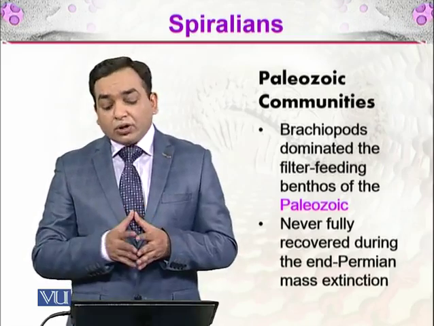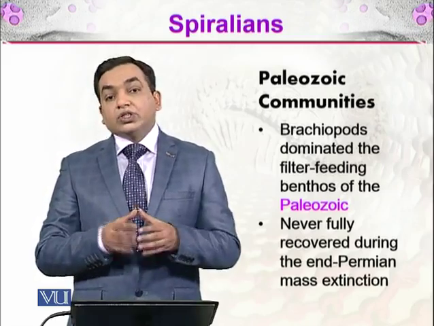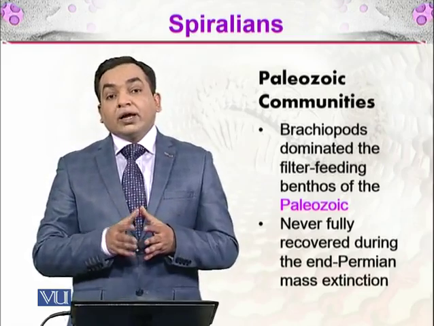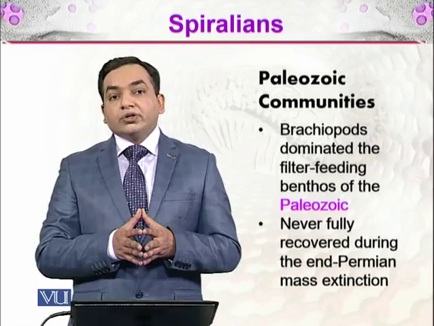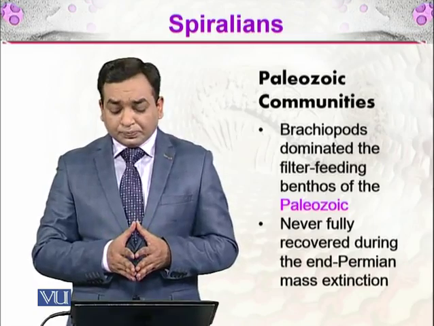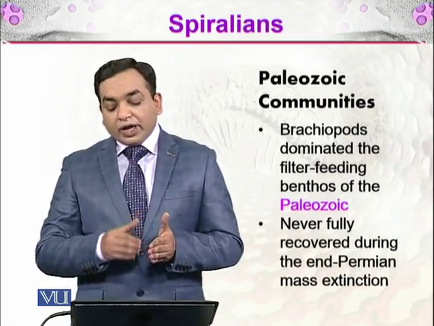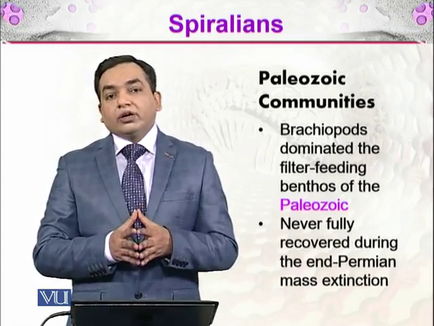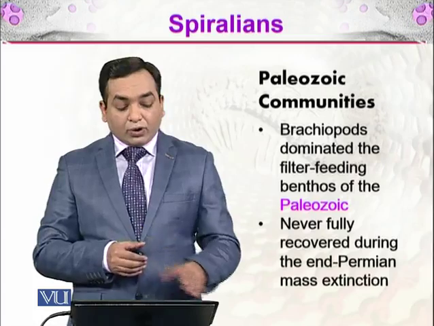And these are the filter-feeding organisms which take that organic material and use it. These were the organisms which were present during the Paleozoic era. But after the end-Permian mass extinction, they never fully recovered to their diverse life forms.